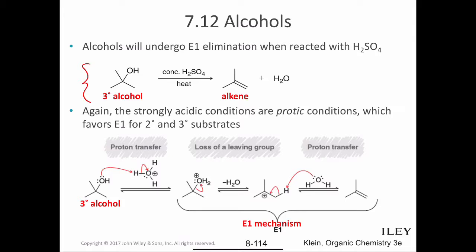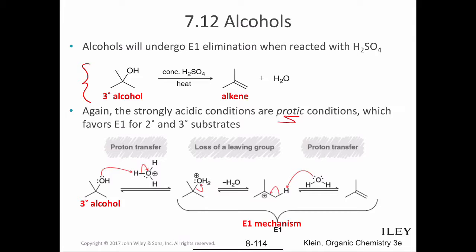So you're converting the hydroxyl into a good leaving group, and then once that leaves, water can come in and behave as a base and abstract a proton. Again, the strongly acidic conditions are called protic conditions, which favors E1 for secondary and tertiary substrates.